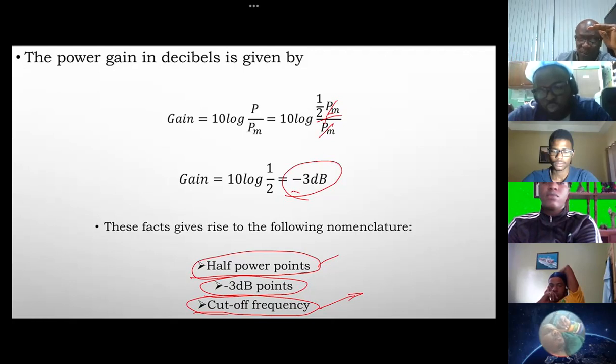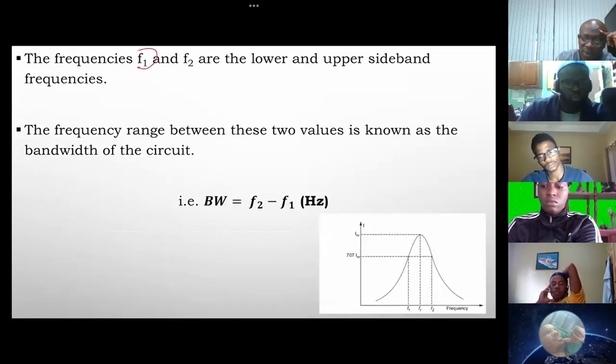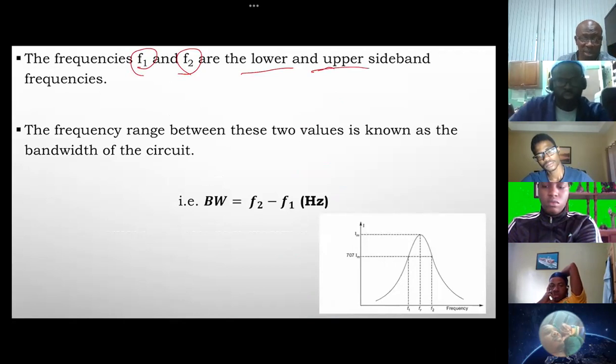So at F1 and F2, we are saying that the signal below 50% can be considered not to be useful. So we refer to these as the cutoff frequencies. All right? We also refer to them as the lower and upper sideband frequencies.